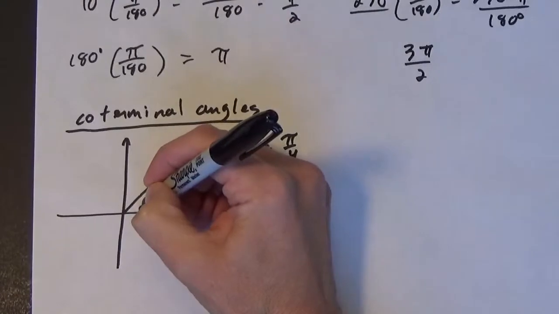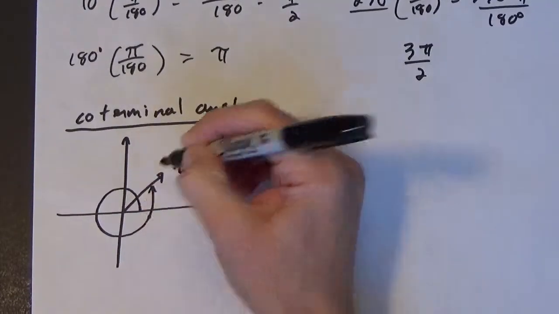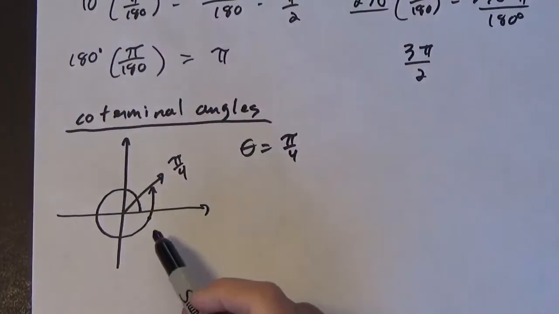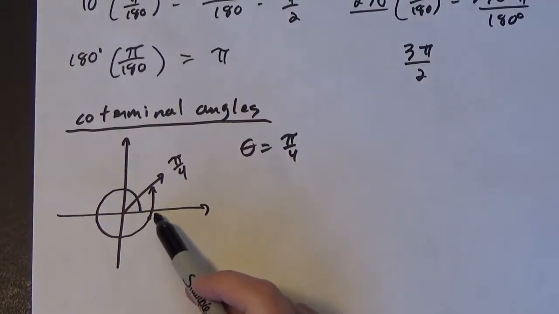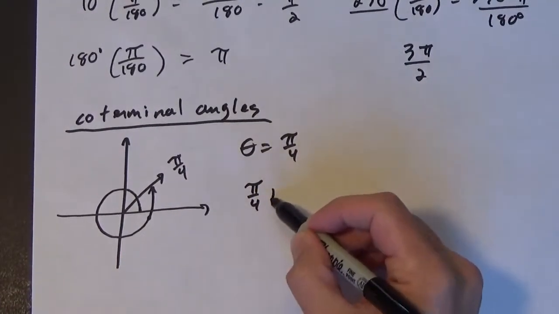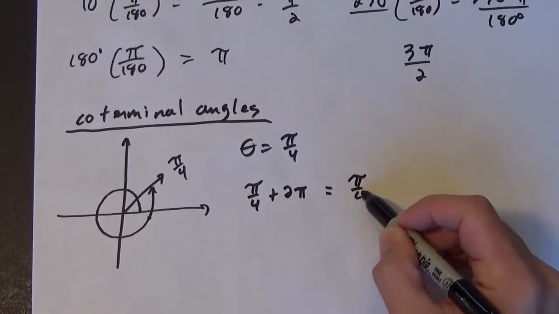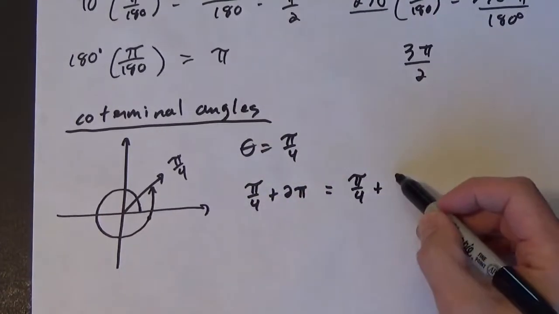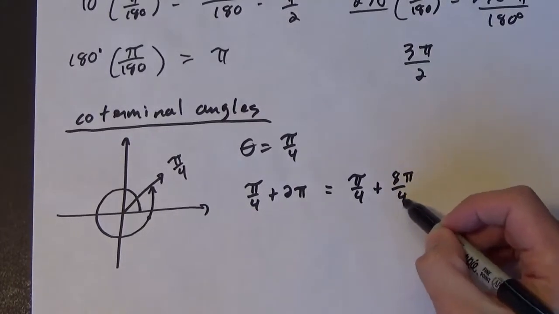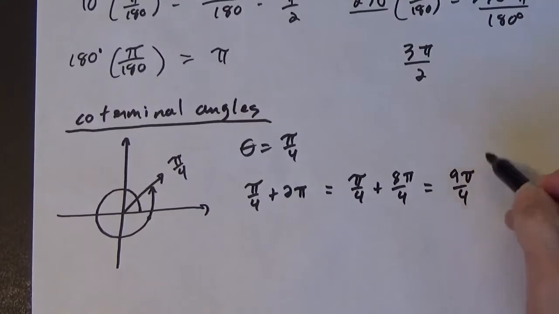We have to go all the way around and back up to pi over 4. So remember, to go all the way around is 2 pi. So to get that coterminal angle, we're going to take pi over 4 plus 2 pi. So what is that? Pi over 4, common denominator is 4, so that's 8 pi over 4, which gives us 9 pi over 4. So pi over 4 and 9 pi over 4 are coterminal angles.